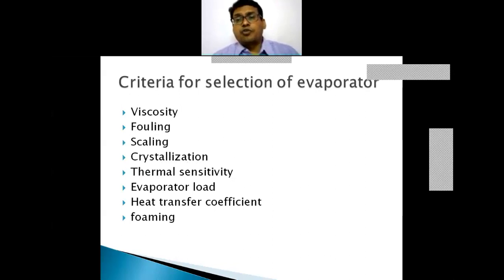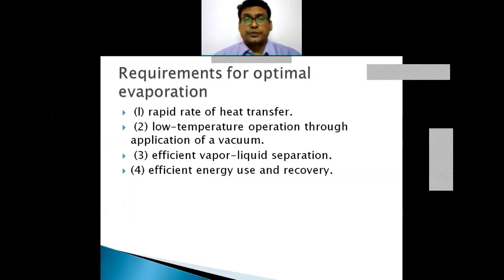Then the criteria for selection of the evaporator: viscosity, fouling, then scaling, crystallization, then thermal sensitivity, evaporator load, heat transfer coefficient, and foaming. These are the different factors to be considered while selecting evaporators.